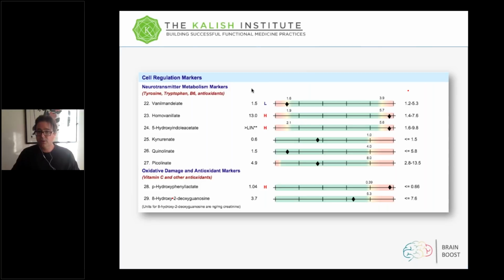So this just created this whole situation where I needed a protocol that was going to prop up and restore proper cortisol function. Cortisol also manages our immune function in the gut, so we needed to support that. Then I needed to do a protocol to get rid of this H. pylori infection.